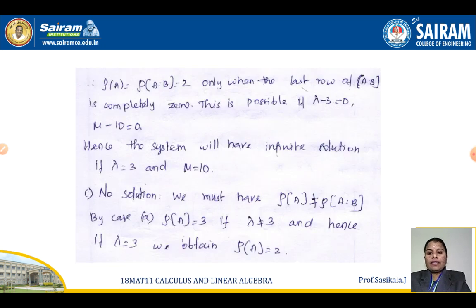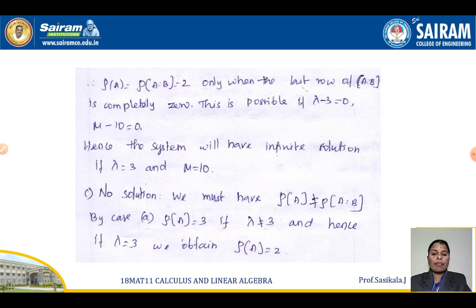Here rank must be equal to 2. That is possible only if lambda minus 3 equals 0 and mu minus 10 also equals 0. In that case, when lambda is equal to 3 and mu is equal to 10, the system will have infinite solutions. Clear?